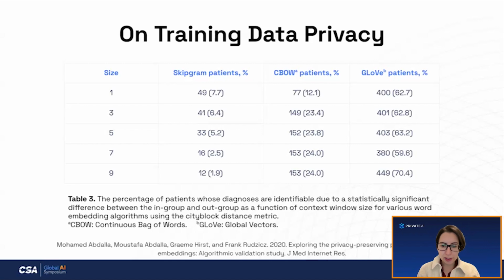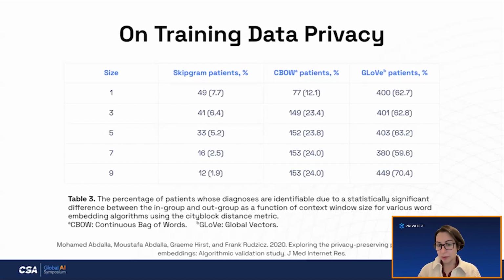This particular study in 2020 showcased how, within word embeddings that were trained on and generated from a healthcare dataset, the first names were closer to the last names in distance, and the names were closer to the disease that they occurred nearby. So you could extract information from the embeddings themselves just by the distance between the words.